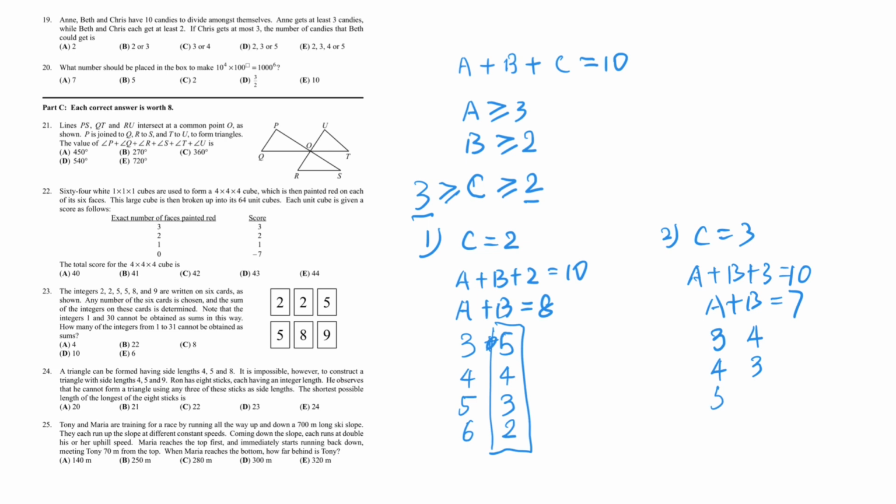A is 5, B is 2, so that's the minimum that B can get. So in this case, Beth can get 2, 3, 4. Combining the two cases together, the total Beth can get is 2, 3, 4, or 5. Therefore, the answer is E.